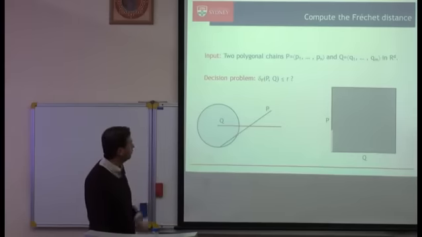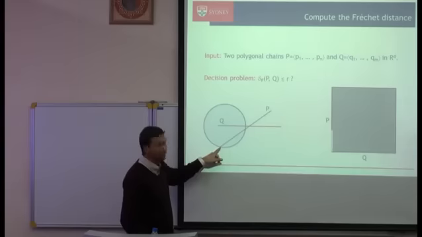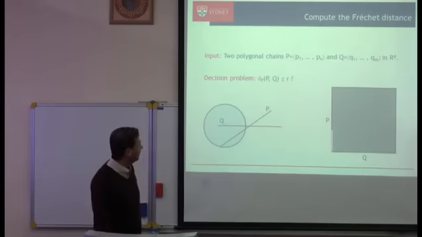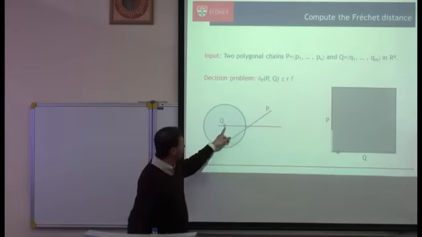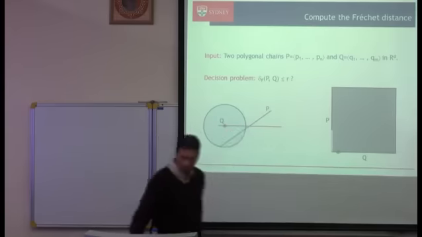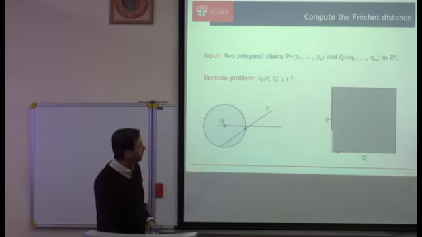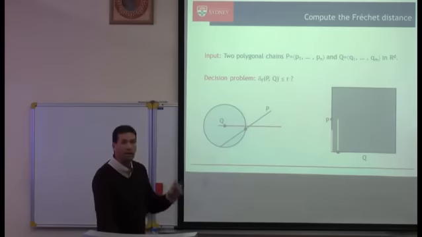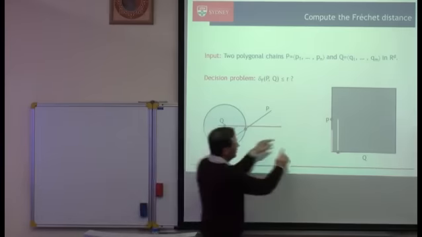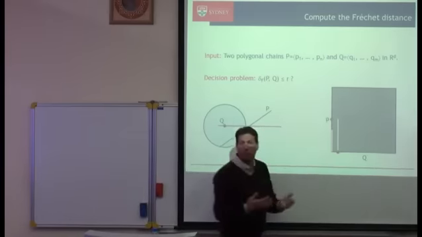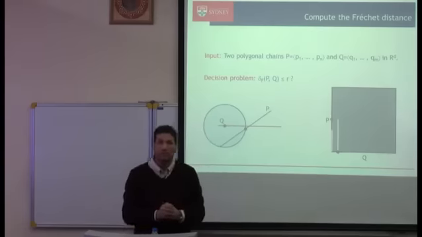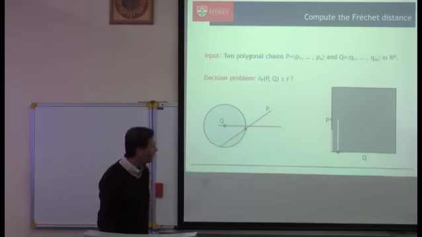Now I start to move this ball, and say I move it until the start point of P leaves the ball. So that means I have this point which corresponds to this point, and then I have the intersection point of P and the ball, which corresponds to that point, and then I know that everything here corresponds to this line, and all that will be white. Right? Is that clear? Yeah, good.